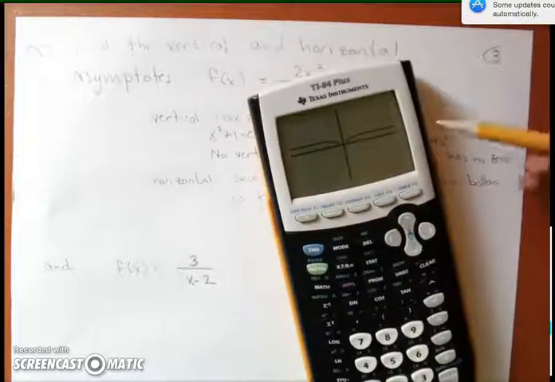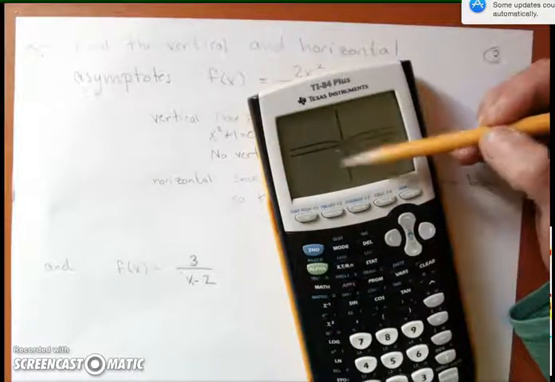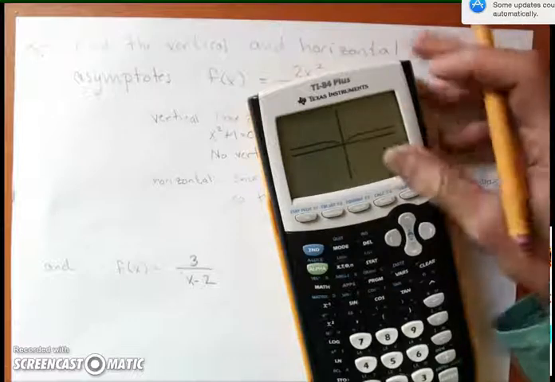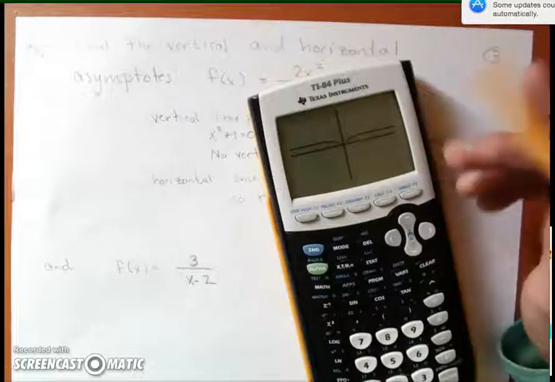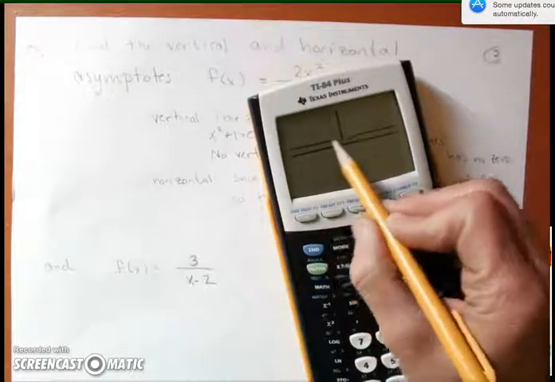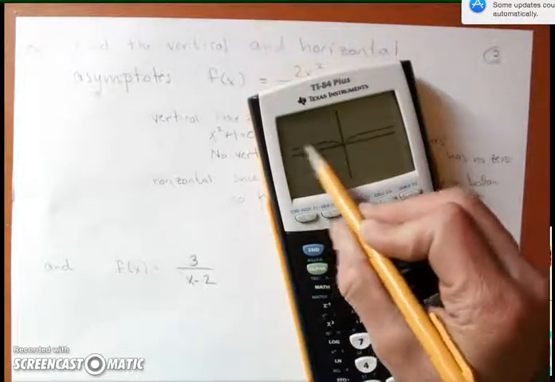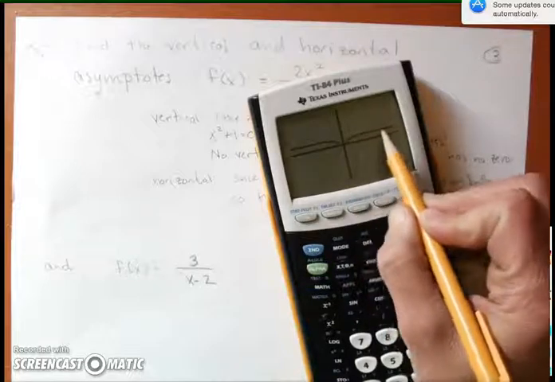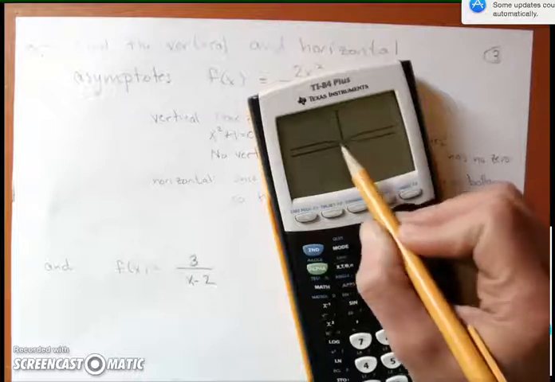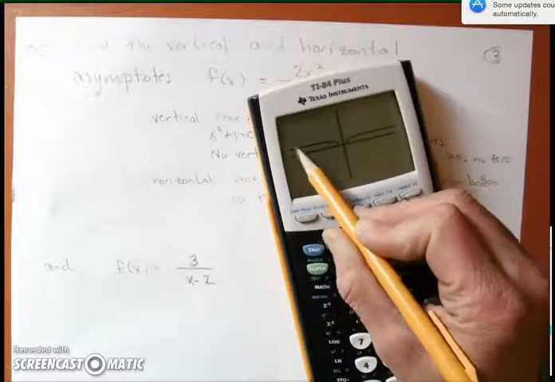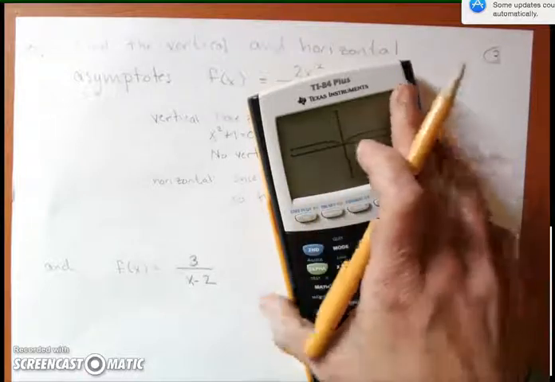And there are no zeros of the denominator, so the domain is all real numbers. And we have a horizontal asymptote at y equals 2. The graph starts to get close to y equals 2 as the x values get bigger and bigger in the positive direction and the negative direction, but it never crosses.